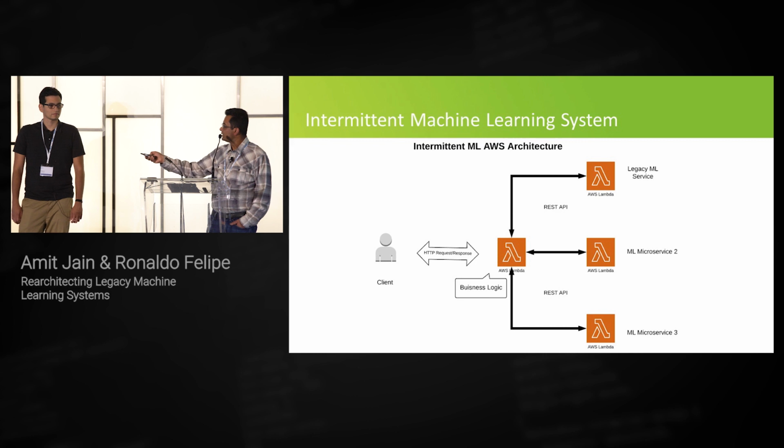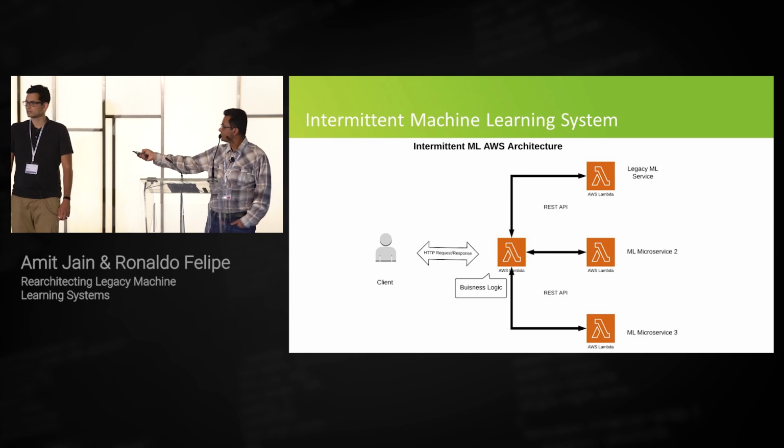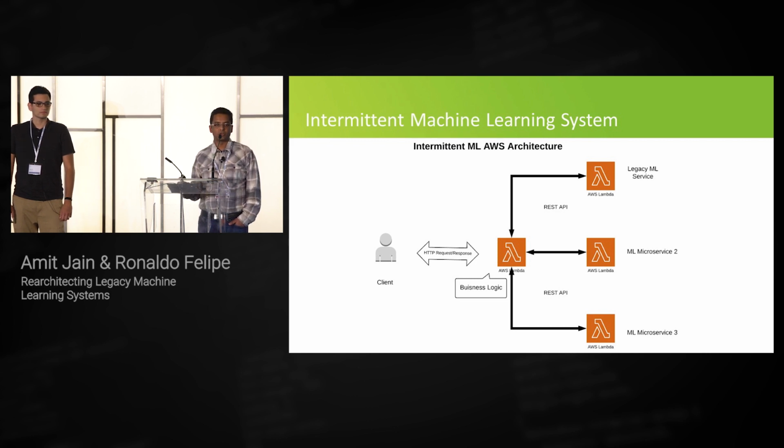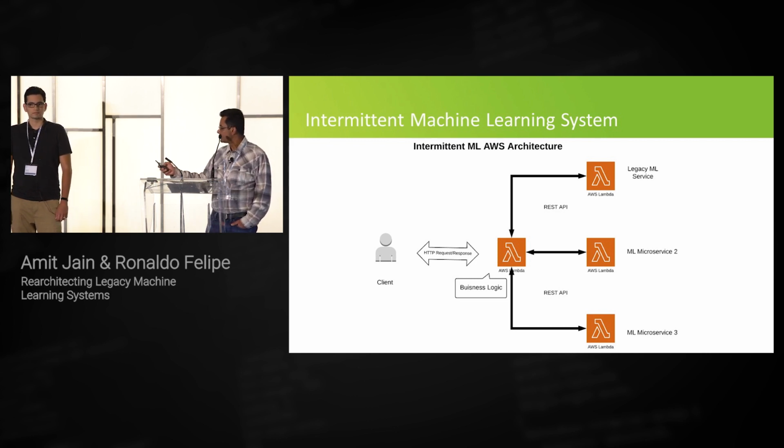Here the AWS Lambda for the first one is the legacy API for us, and then this one is the API for the second machine learning service with a different model altogether, and then you have a third service, a different model again, and then at this point, this is the new API.